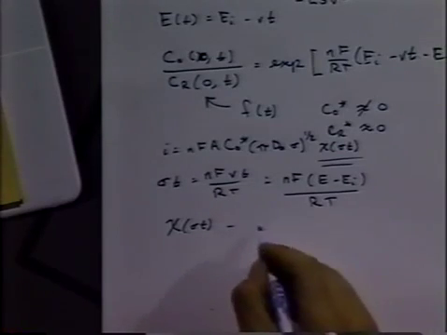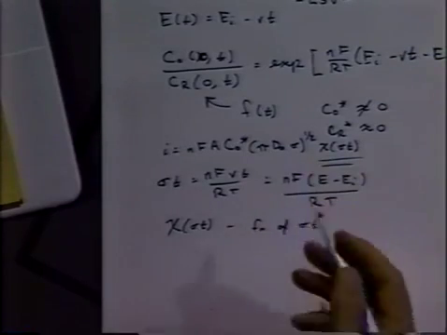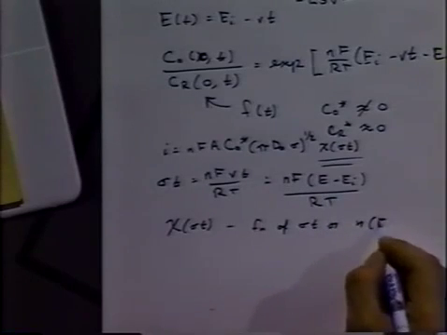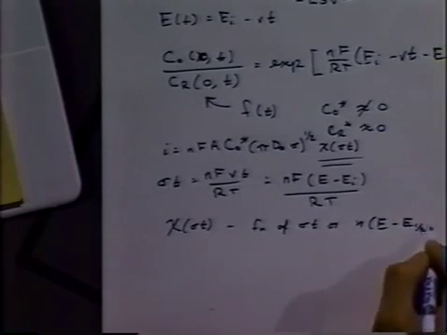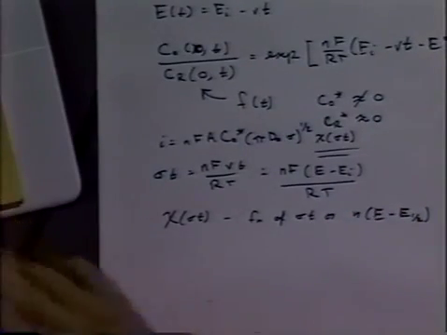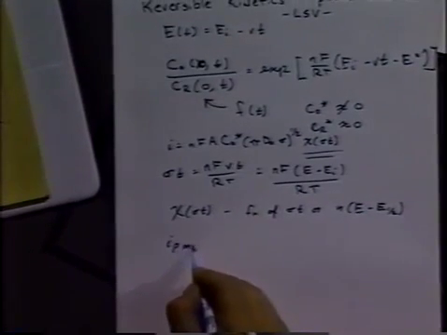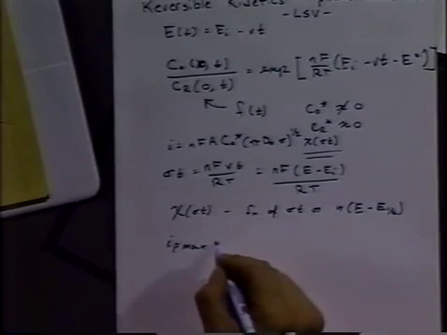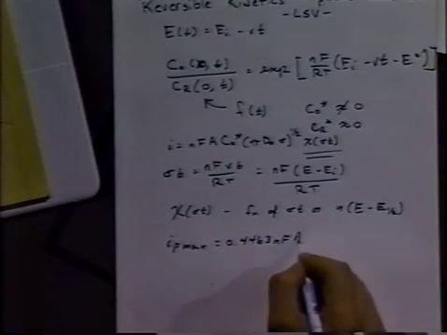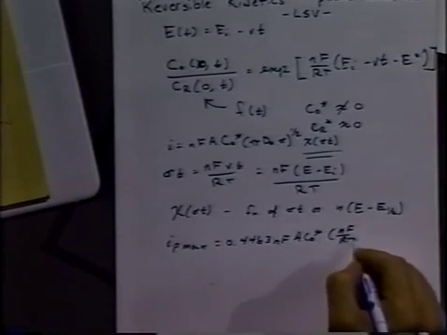You have to calculate sigma t, put it into the table, and get the number out, which I think you've done for your problem sets. And it said Nicholson and Shain, you've got that paper. As you saw, the maximum peak current is equal to 0.4463 nFA C_O star times the square root of nF over RT.